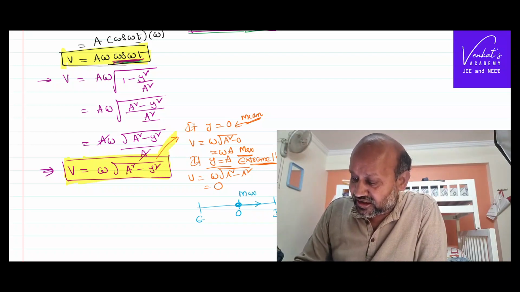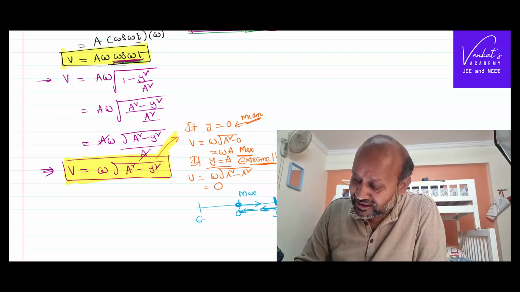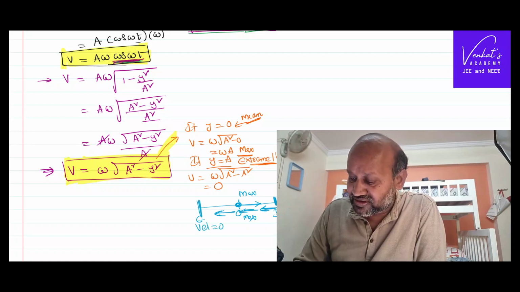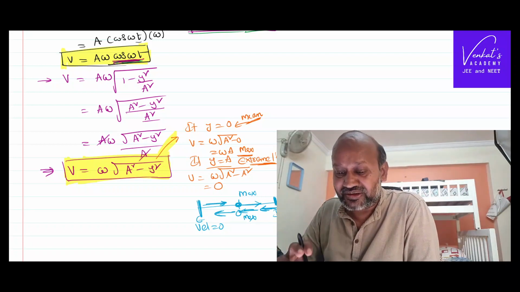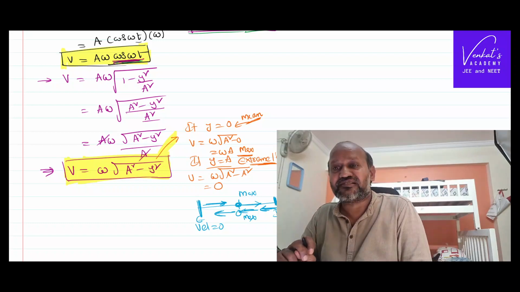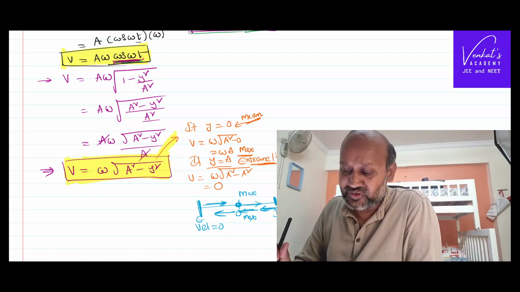So it always drives towards the end position. Here velocity is zero, then it returns back, right? So when it comes here, again it is maximum. So it will be driven towards the extreme position. At extreme position, again velocity is zero, then it goes back. Thus the oscillatory motion to and fro continues because of this kind of characteristic.